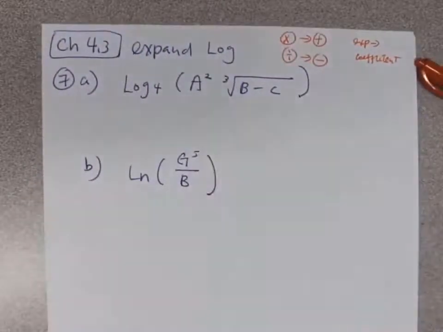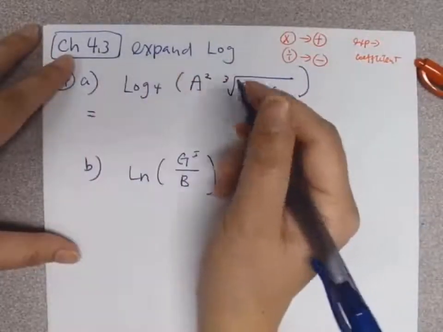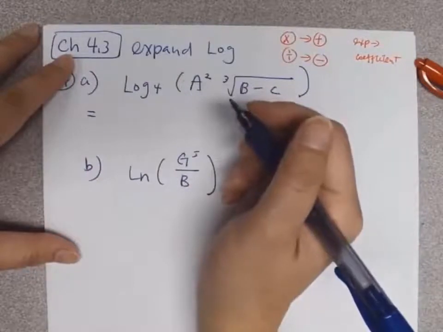So the first one is what? The first one is a multiplication, division, or what is it? Multiplication. So it's going to turn into additions. Okay. So let's see if we have a. How many terms do we have? 2 terms.